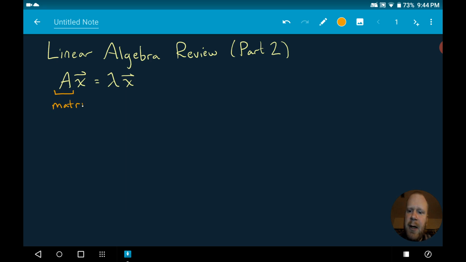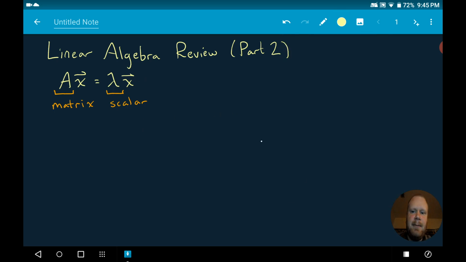One thing to realize with this problem is that over here we have a matrix, and this value lambda is a scalar. And the idea is if we're given some matrix, we should be able to figure out an equivalent scalar that's going to make this equation true.